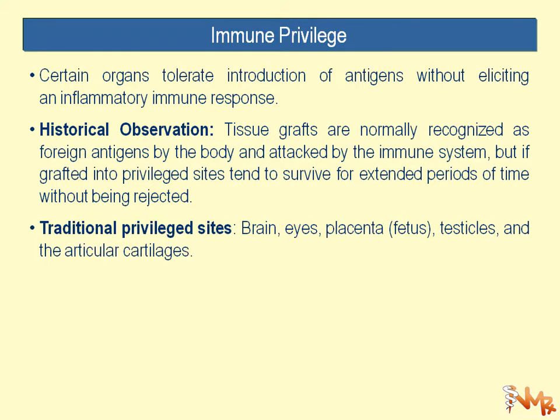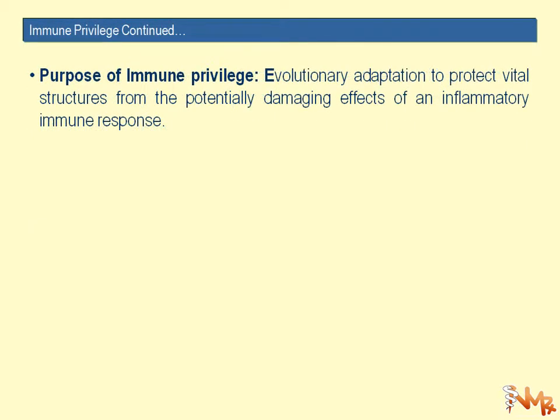Traditionally, the privileged sites would have included the brain, eyes, placenta and fetus, testicles, and articular cartilages. So the question that we are going to ask ourselves is, what is the purpose of immune privilege? We have an evolutionary sort of explanation for it.